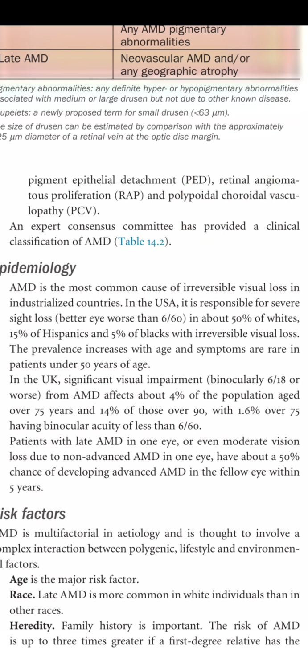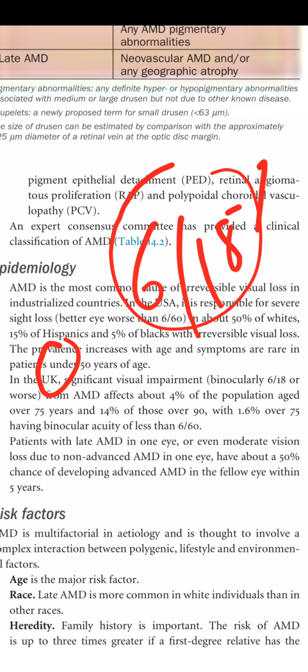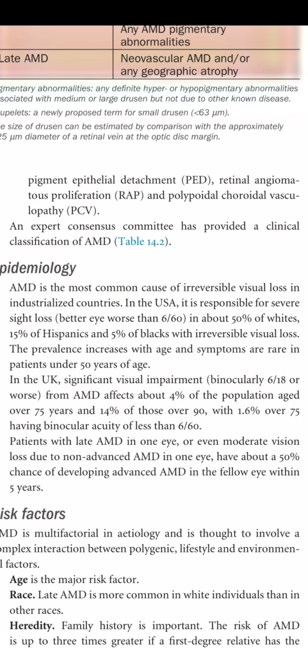In the UK, significant visual impairment, binocularly 6/18 or worse, from AMD affects about 4% of the population over 75 years of age, 14% over the age of 90 years, with 1.6% over the age of 75 having binocular acuity of less than 6/60. Patients with late AMD in one eye, or even moderate visual loss due to non-advanced AMD in one eye, have about a 50% chance of developing advanced AMD in the fellow eye within 5 years.